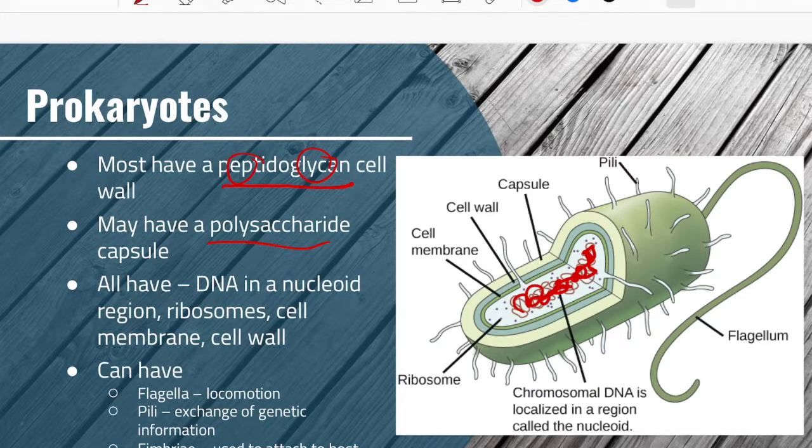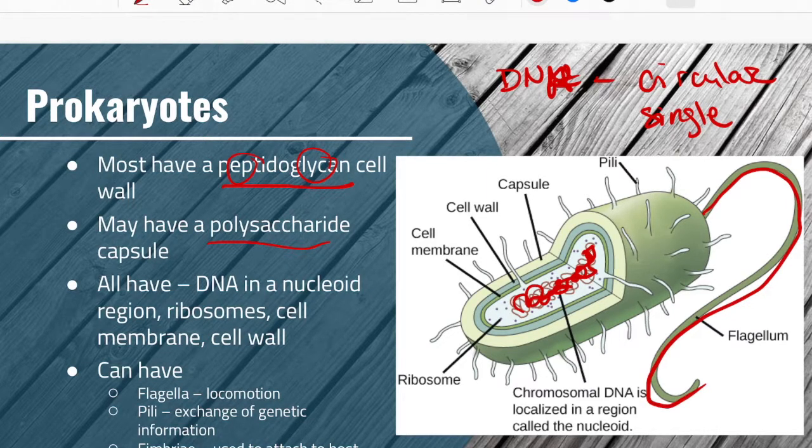The DNA in a prokaryote is typically circular, and you tend to have a single strand of it. All right. Prokaryotes can have a flagellum. Flagellum allow for movement. They can have cilia, like we saw on the first page.